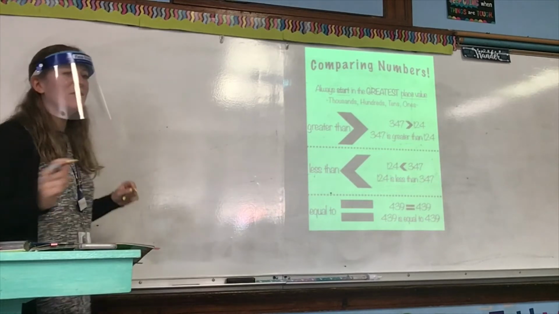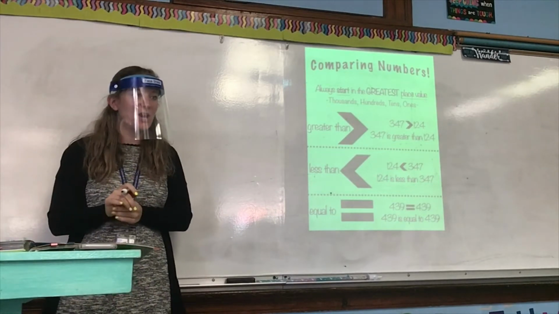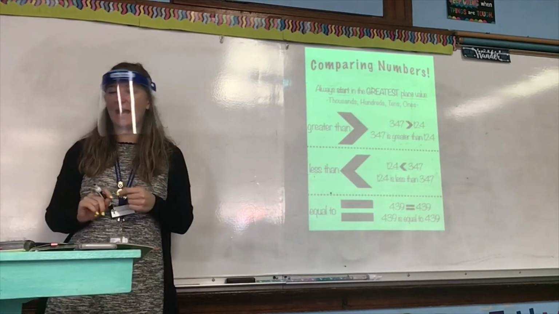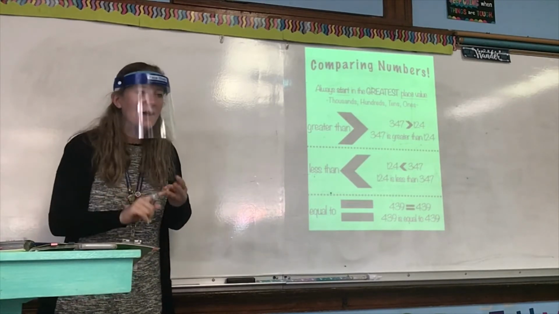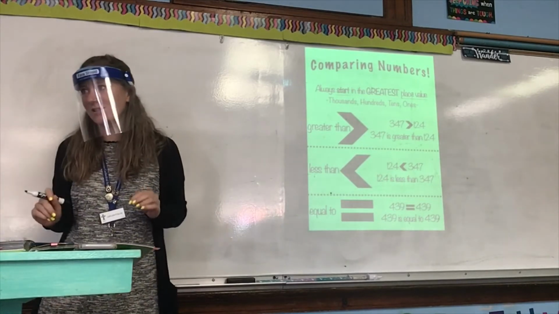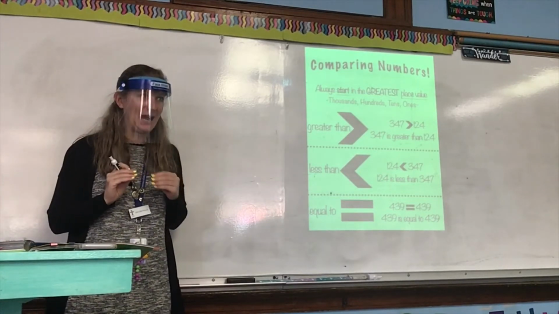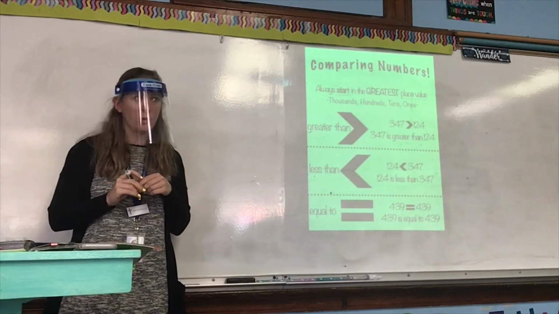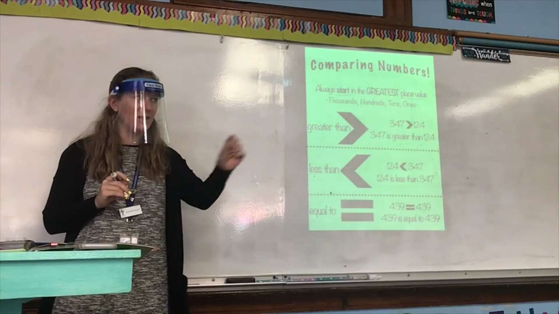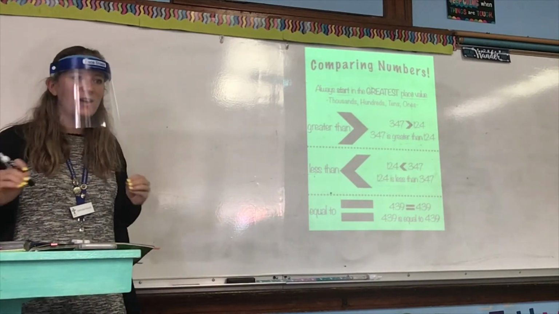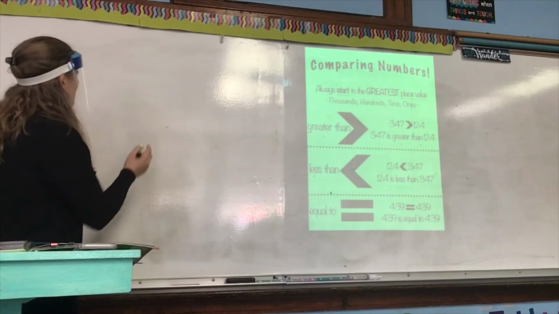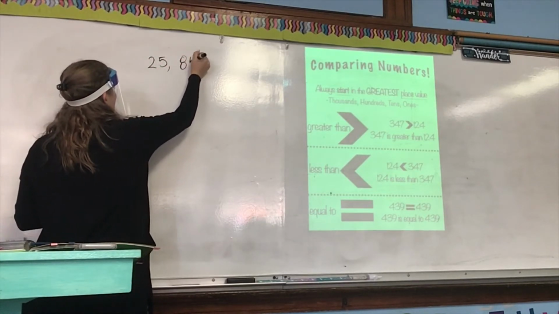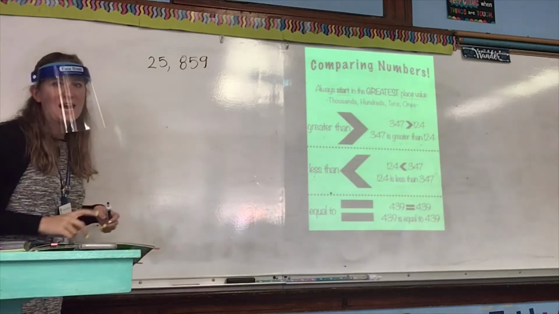So, I'm going to give you a number. You're going to put this number in your place value chart. Then you're going to figure out how many ones do I have, how many tens, how many hundreds, how many thousands, how many 10,000s. On the lines on the bottom, you're going to write that in word form. In the place value chart, you're going to use the digits. So the first number is 25,859.